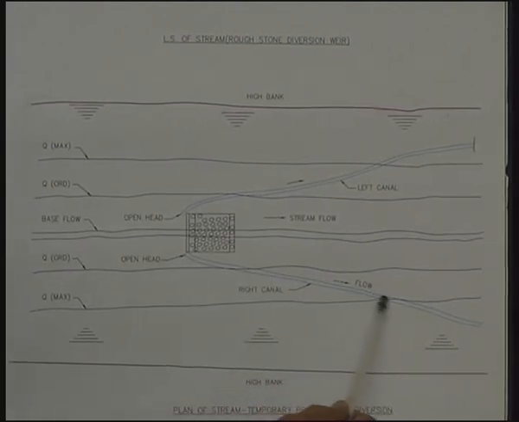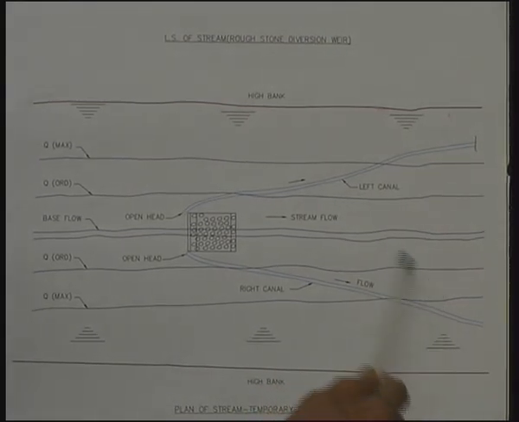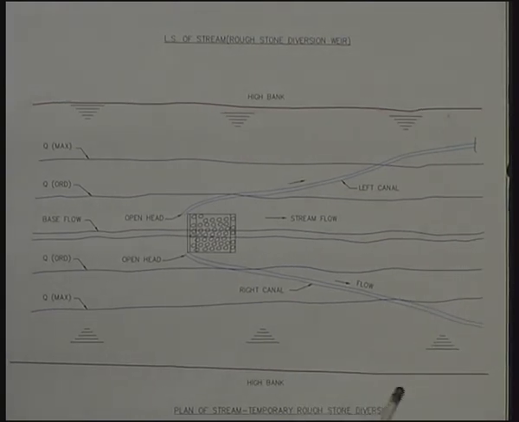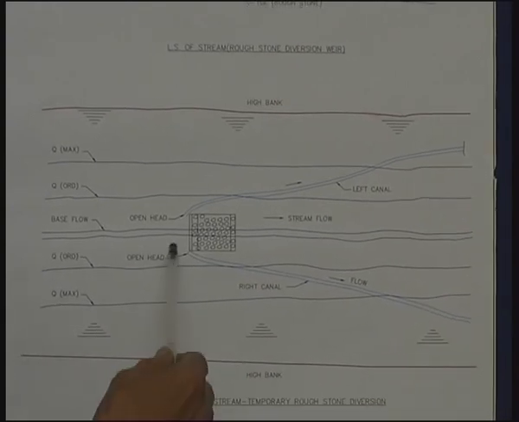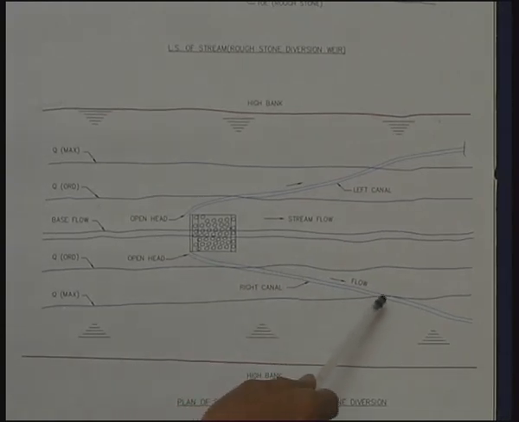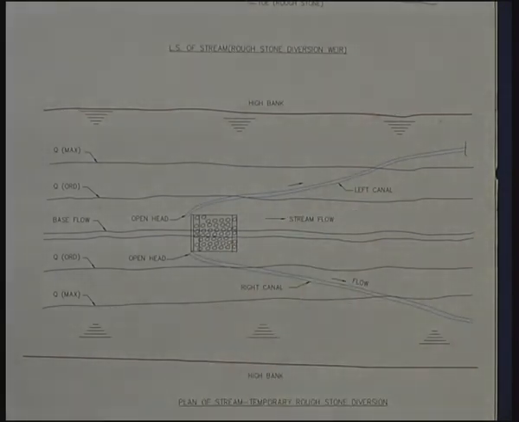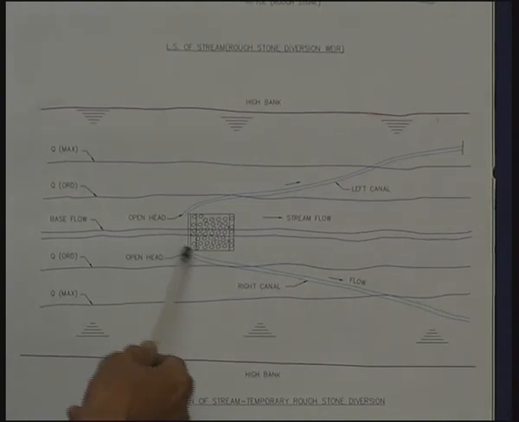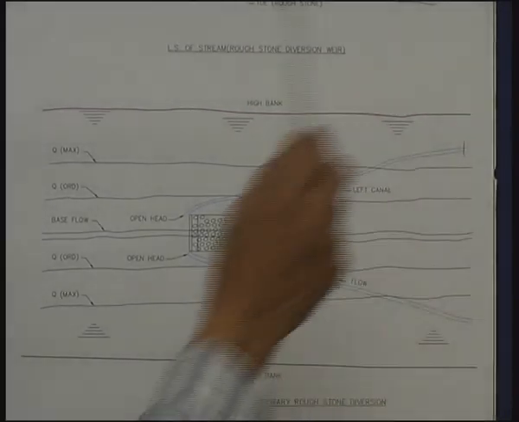This canal is a gravity flow canal, and the area in between the canal and the stream can be irrigated by gravity flow. This is not a pumped scheme or any such thing. It's a low cost gravity flow. It can irrigate about 10 acres of land on either side, could be 20 acres, and if the discharge is bigger, it could irrigate even something like 20 acres here and 20 acres there.